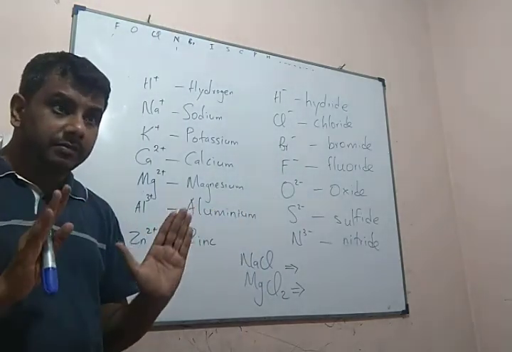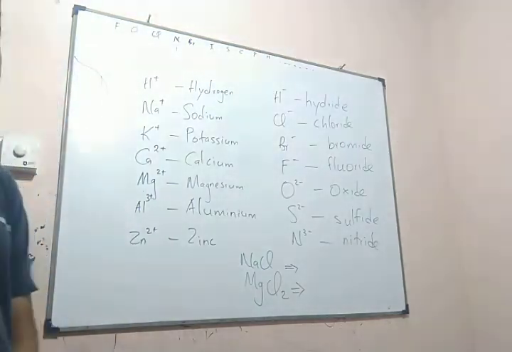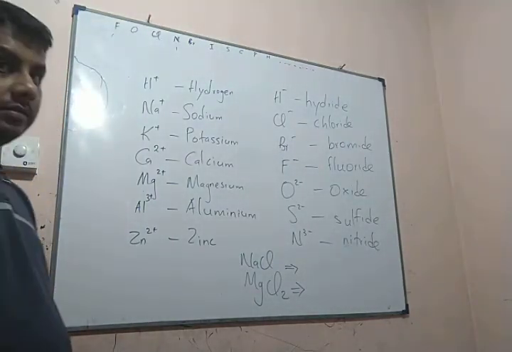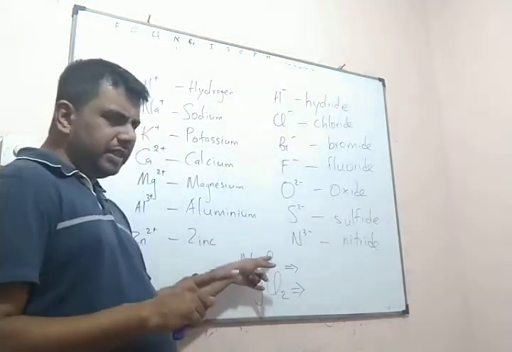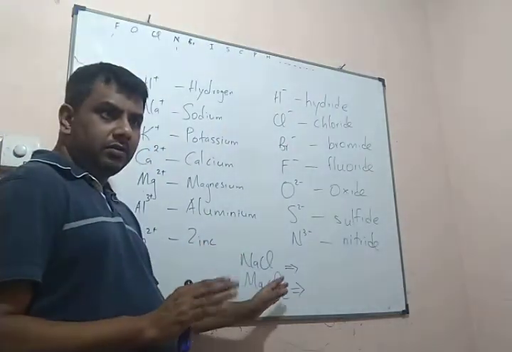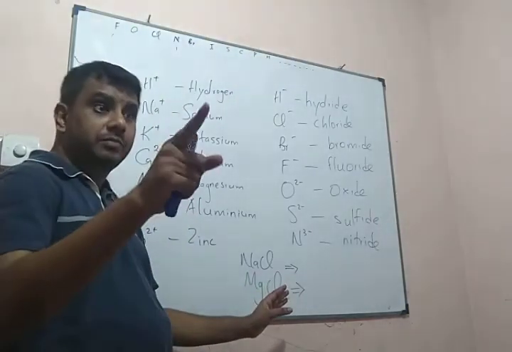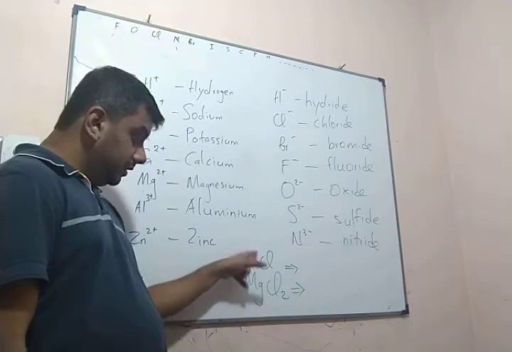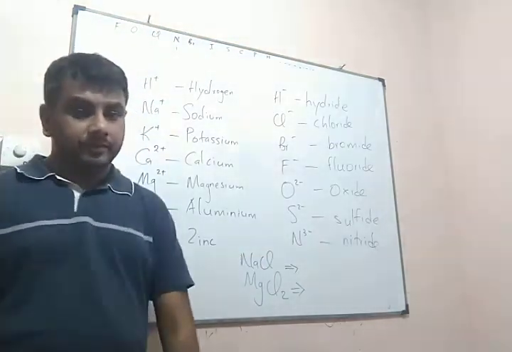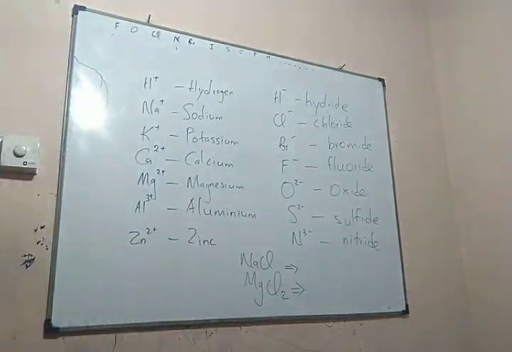AlCl3, aluminium chloride, not aluminium trichloride. You don't need to specify the number, only the names, but you should mention the number for covalent compounds. We'll study that later. These are ionic compounds, right?